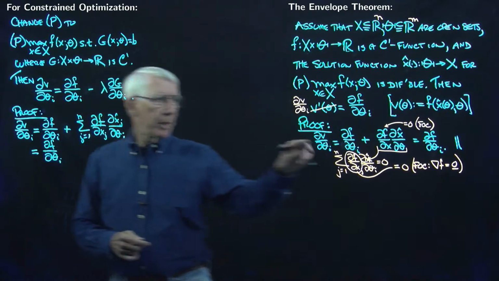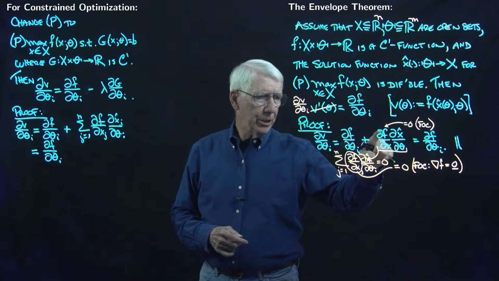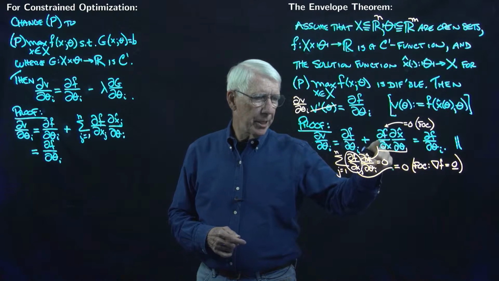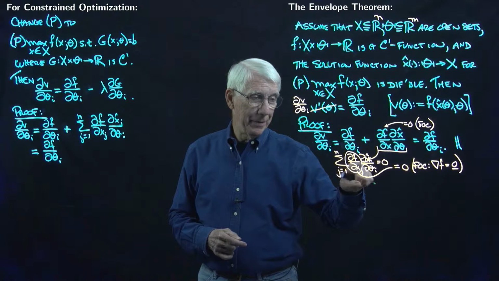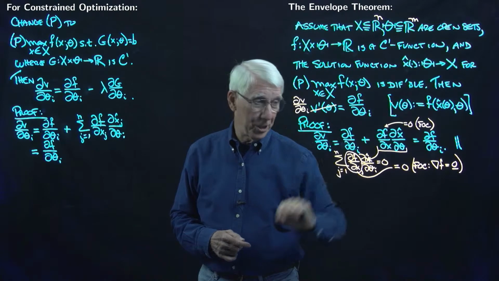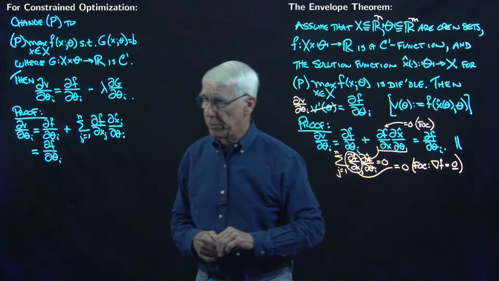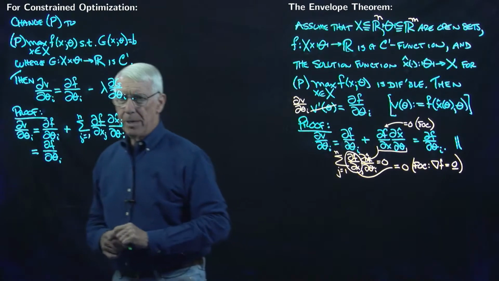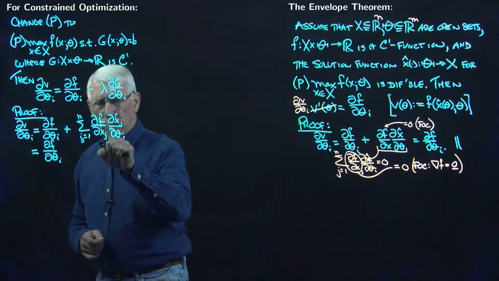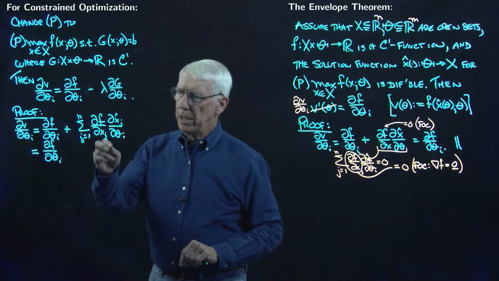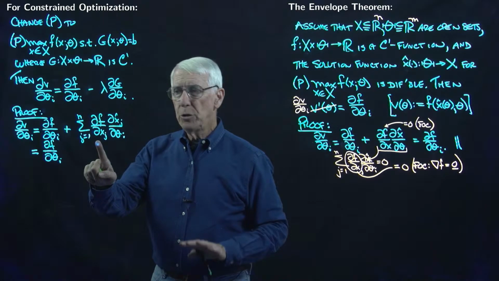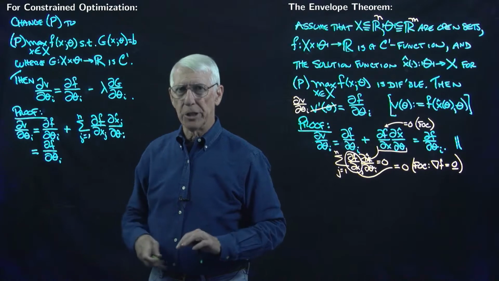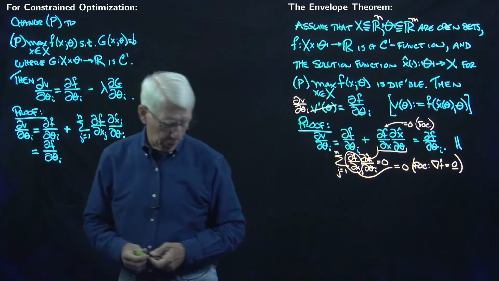Well, what we did was we used the first order condition to transform this into zeros in the sum, so that this whole term was zero. We can't do that here because the derivatives of the objective function with respect to the decision variables aren't going to be zero in the first order conditions.